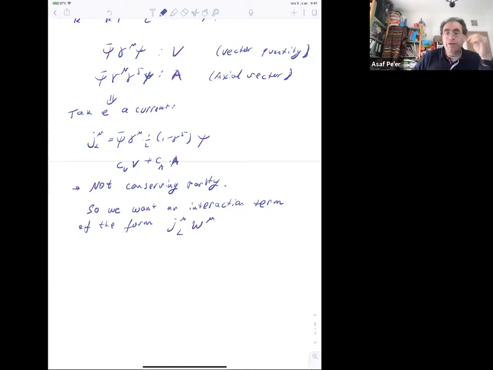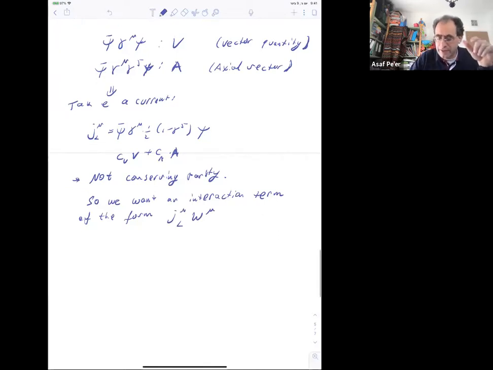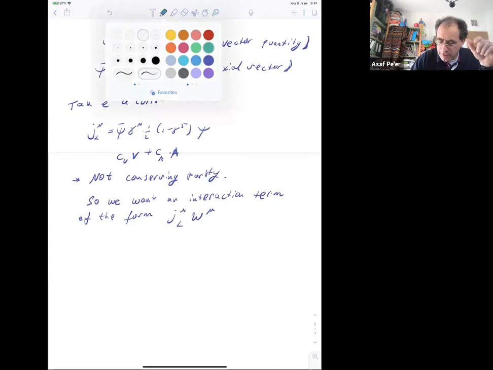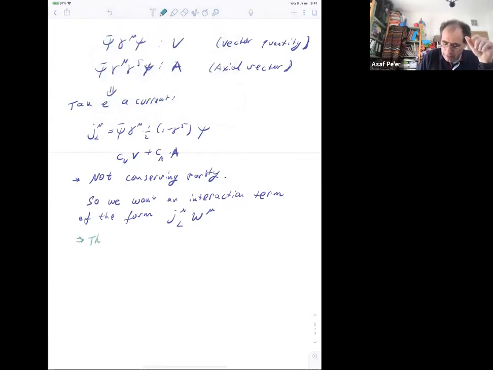Now we say, because this is contained in both a vector and an axial vector, that the weak interaction has a VA structure. That's a technical term which you might have seen, or you may see it one day. We said that the weak interaction has a VA structure. It's a vector, axial vector.